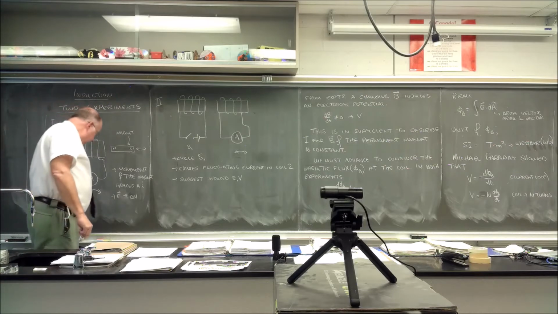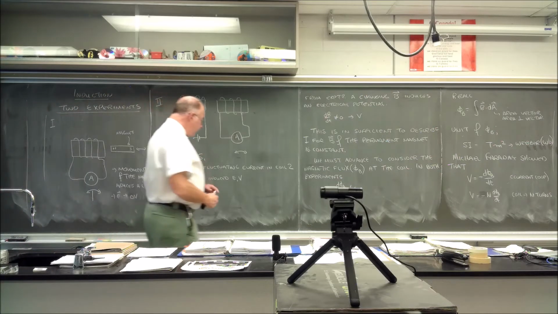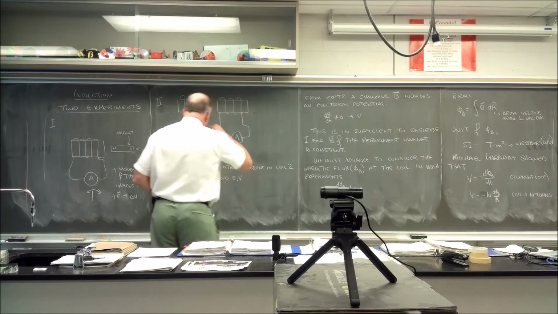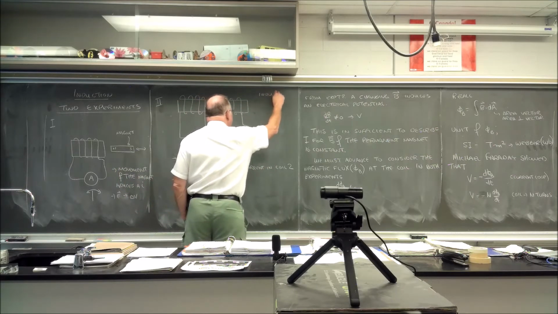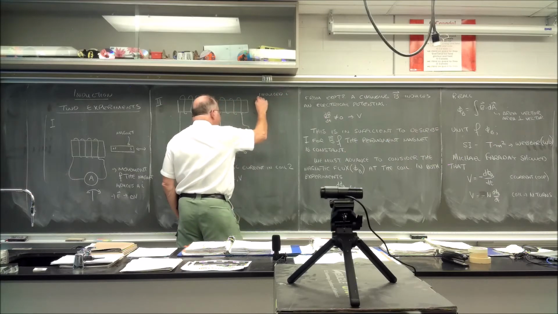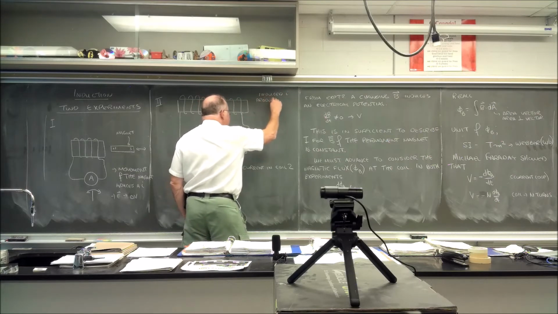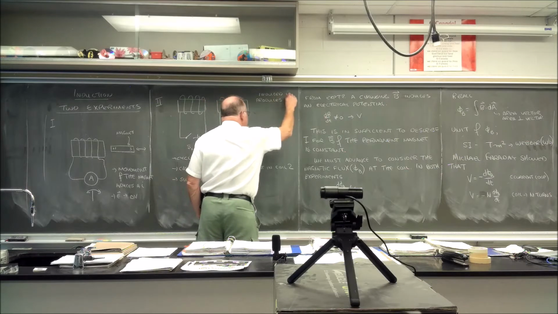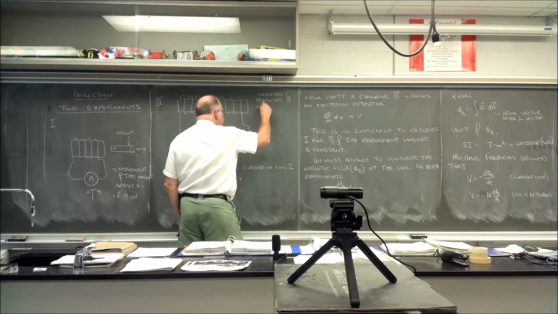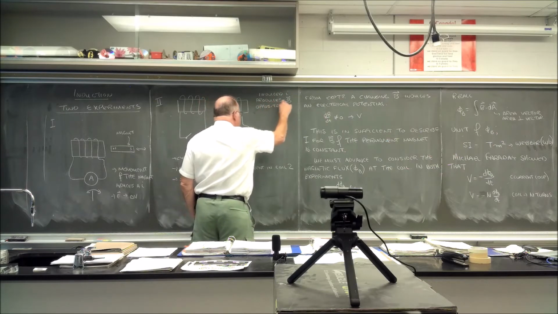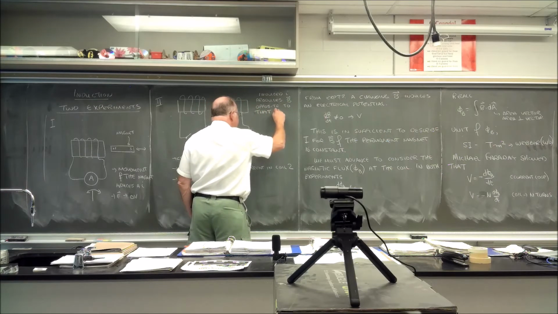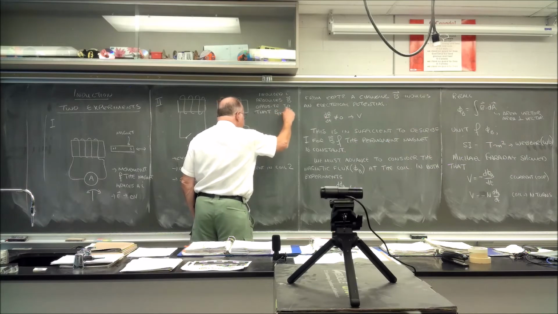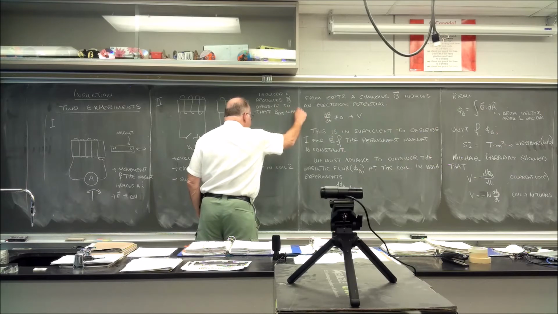In this case here, the induced current produces a B field opposite to that which induced it. That external magnetic field which induced it.